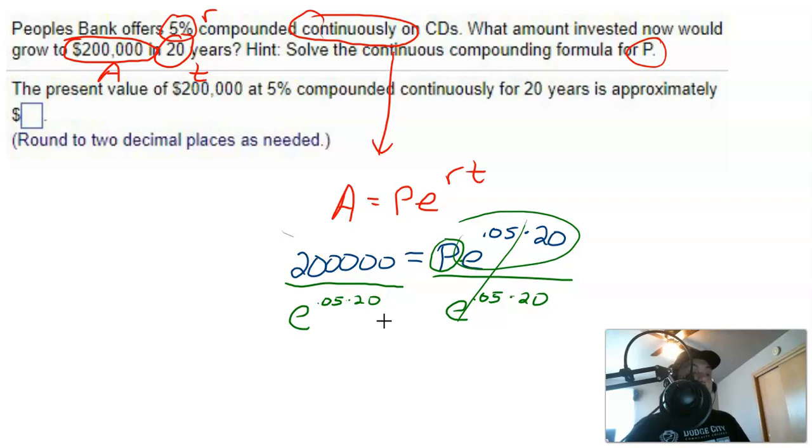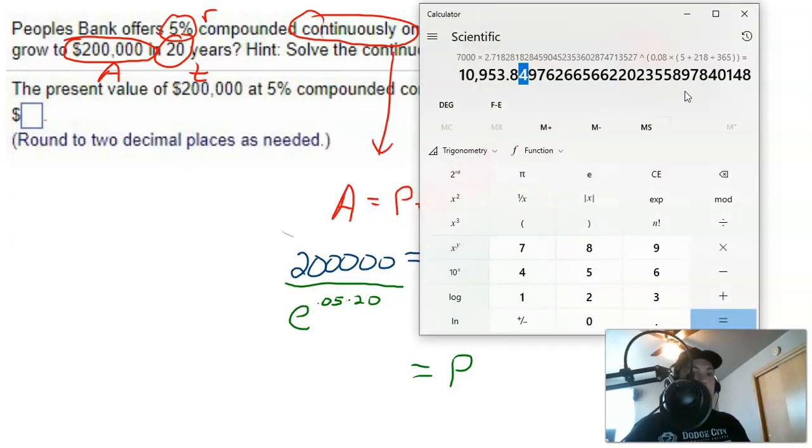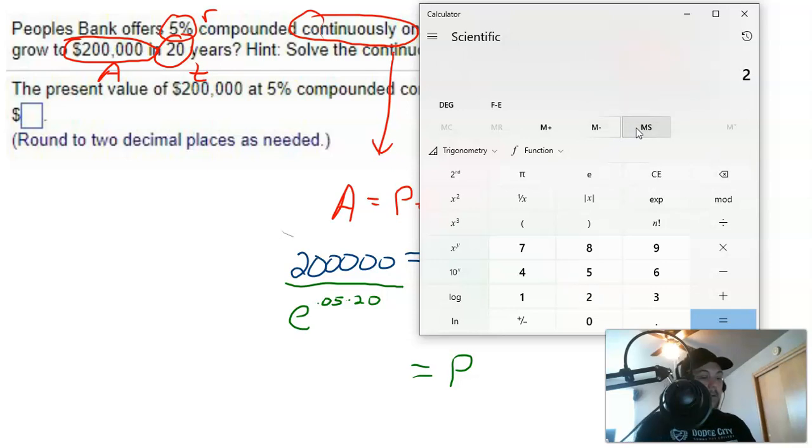So this is what I want to type into my calculator, right? So that's going to get P by itself. This is what needs to get typed in. So let me see if this calculator can handle that. So we have 200,000. Let's clear this out. 200,000 divided by, and again, we'll have to be careful with our use of parentheses here. Divided by, which one's division? I feel like I forgot.